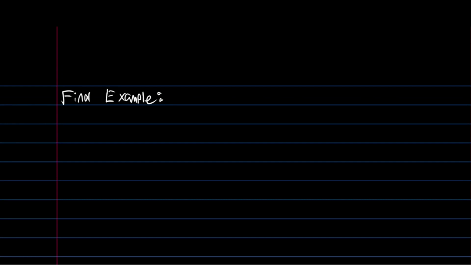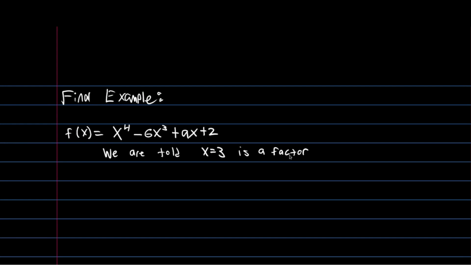As a final example, let's consider the case where we have an unknown within the polynomial. So we are given a polynomial of x to the 4 minus 6x cubed plus ax plus 2, and we are told that x equals 3 is a factor of this polynomial. We are asked to find the value of variable a.